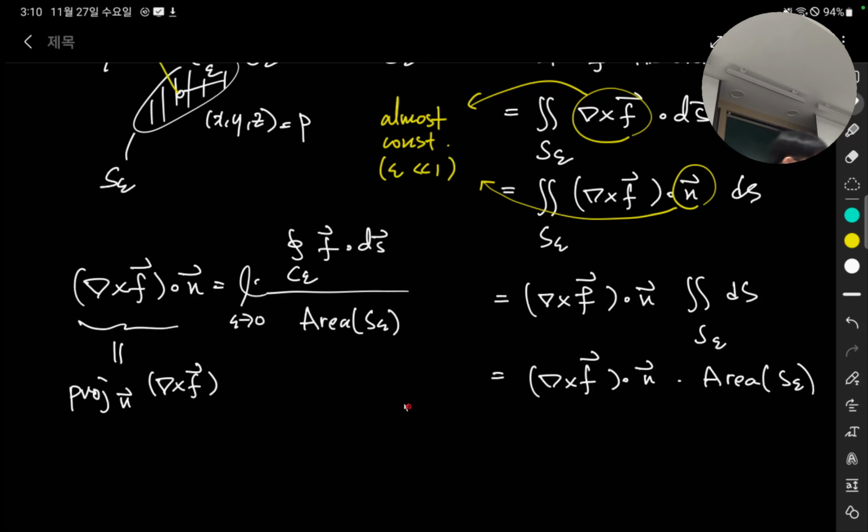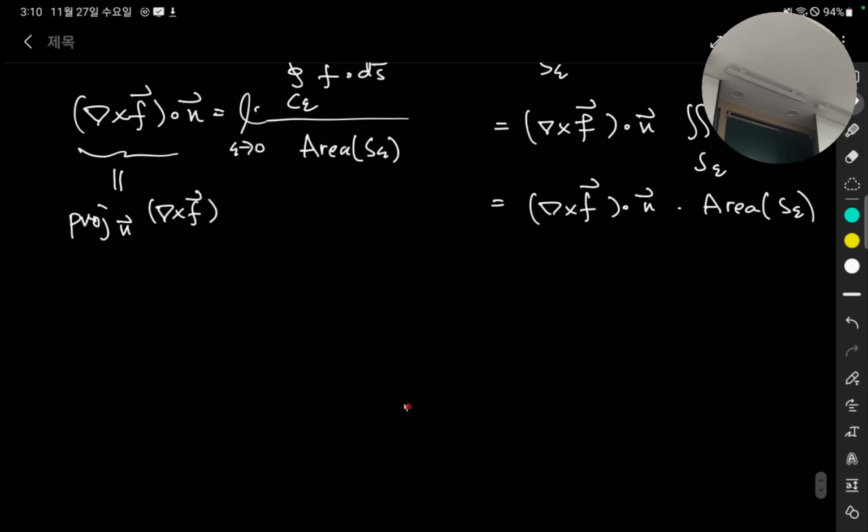For example, imagine this situation. You have a room, or you take an imaginary box inside the space, and there is wind flowing in the space, and you have a propeller which has no friction at all, so it can move without any friction.